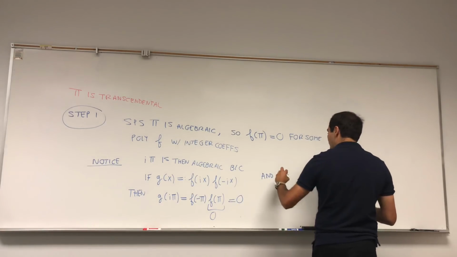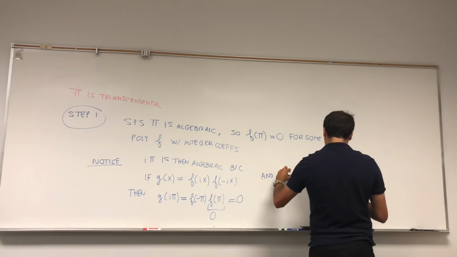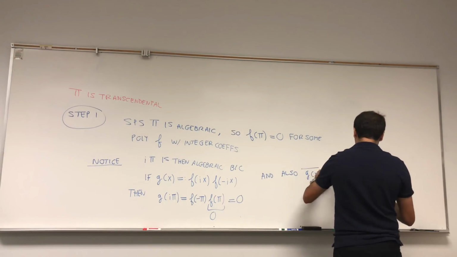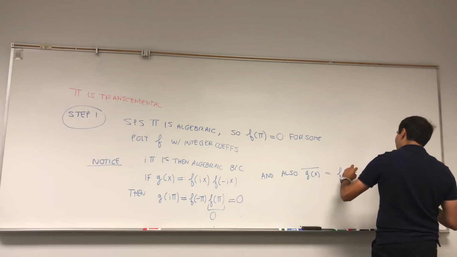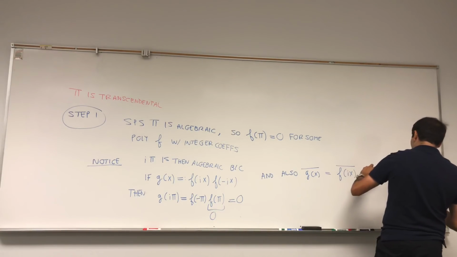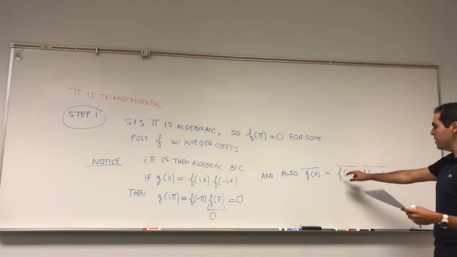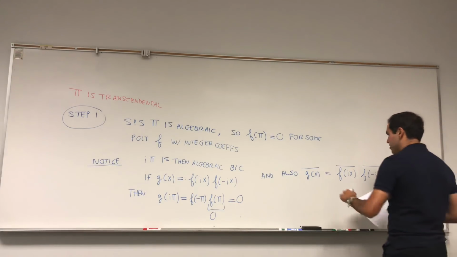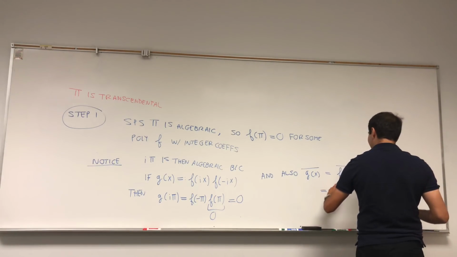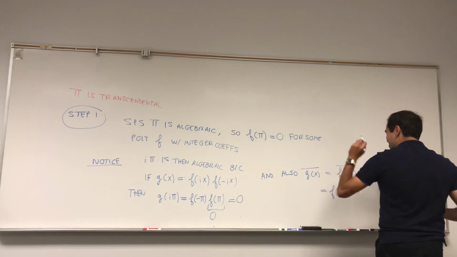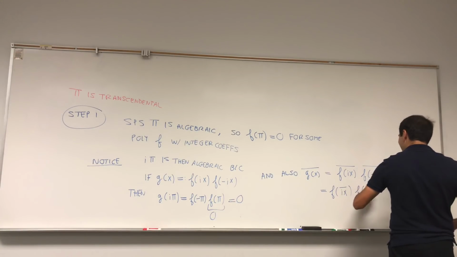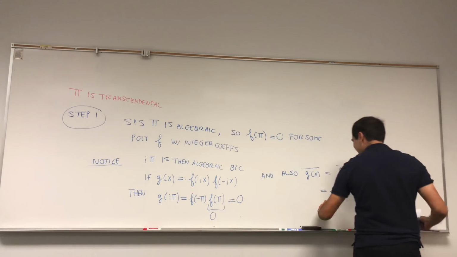But it turns out it doesn't, because what happens if you take the conjugate of g? g of x bar is the same as f of ix bar times f of minus ix bar. But because f is a real polynomial, it's enough just to put the bars inside the argument. Yes, I'm putting you behind bars, because this is Payam Police Department. Okay, f of minus i x bar.